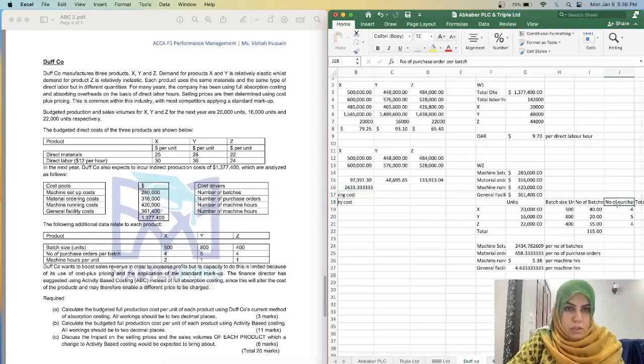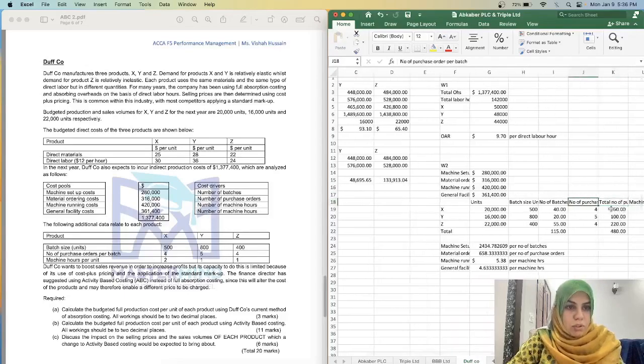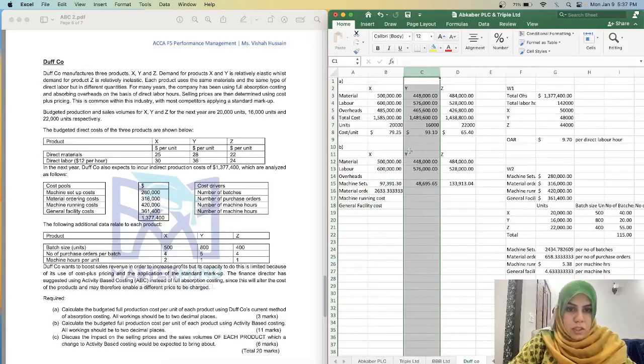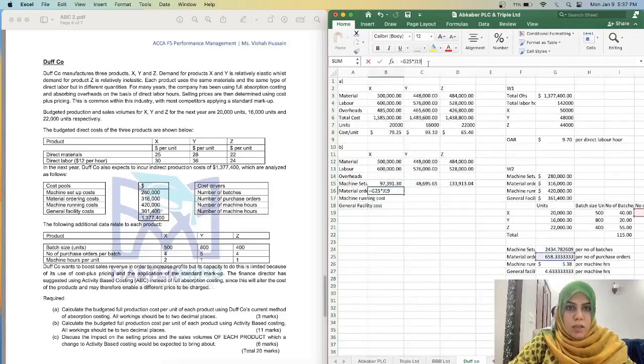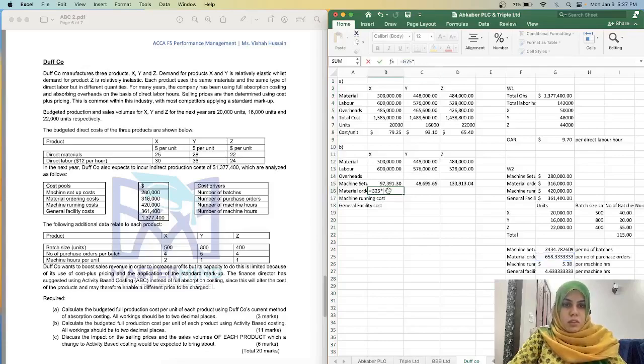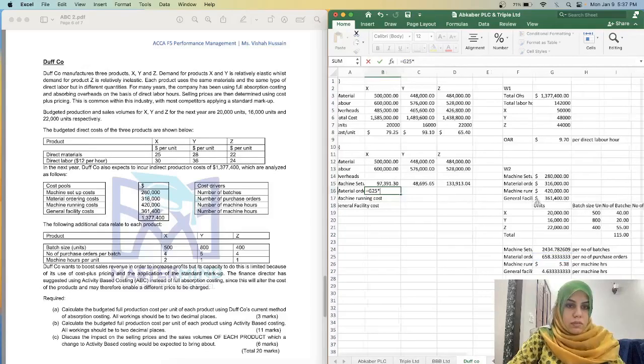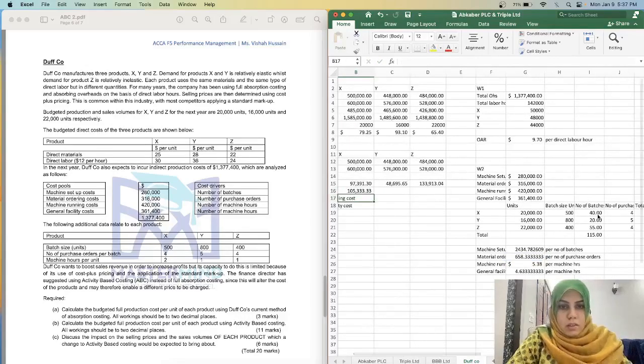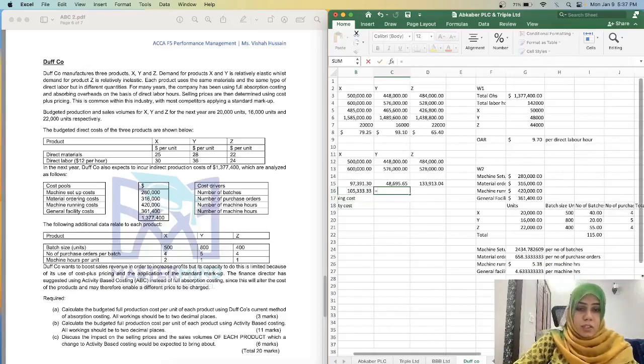Actually, just 1 minute. This is number of purchase order per batch, right? So total number of purchase orders, right? We wouldn't multiply this by number of purchase orders per batch. Rather, we would multiply this by total number of purchase orders. Okay, I hope this makes sense.